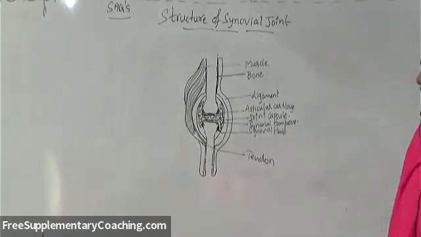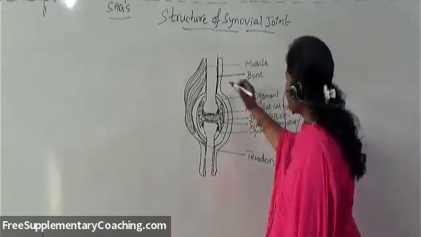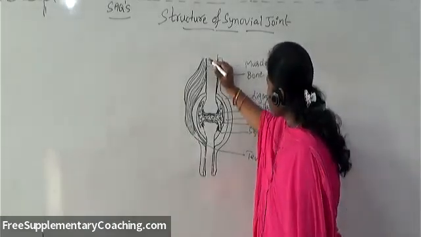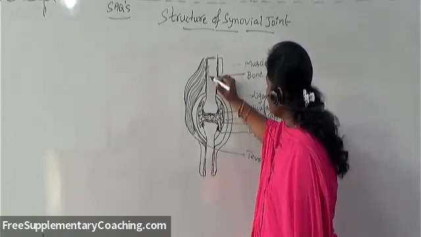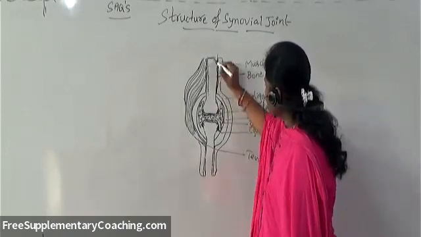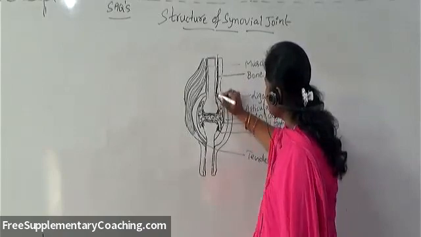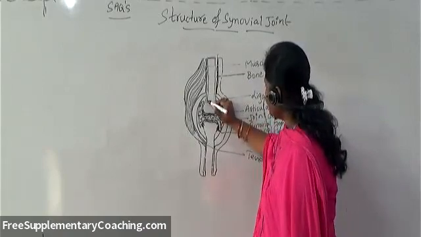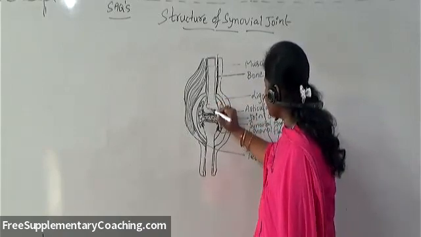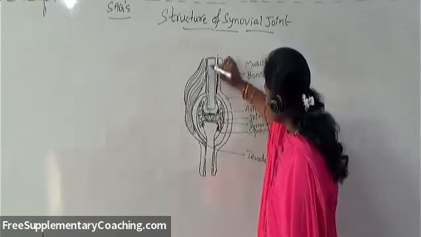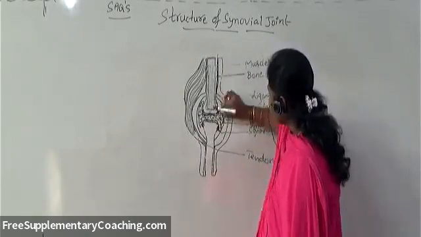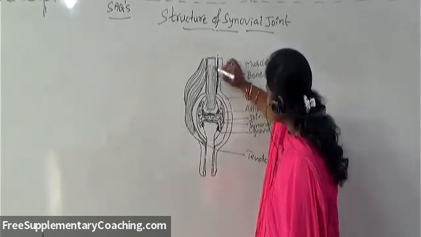And now whatever cavity is present inside the bone is called bone marrow. That bone marrow you can show by darkening it. So the cavity present inside is called what? Bone marrow.